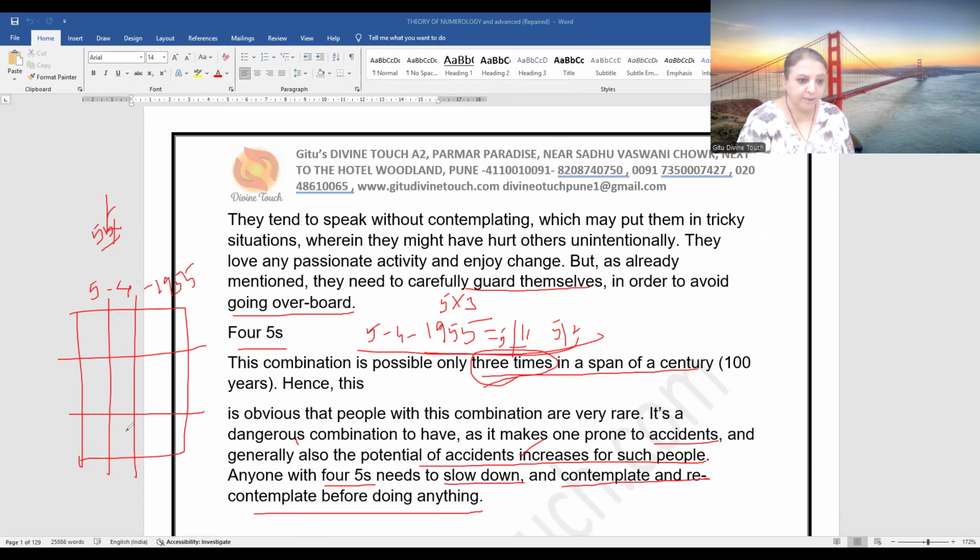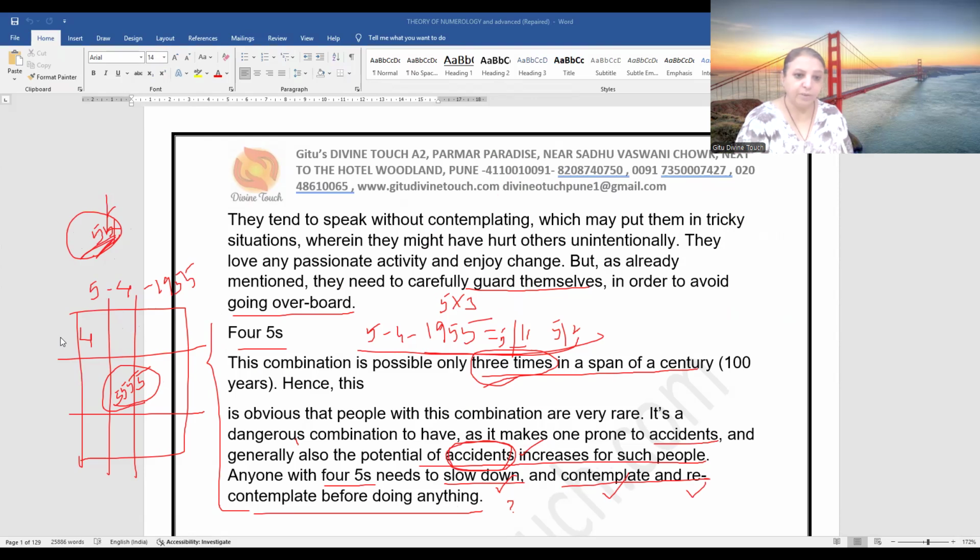Already three fives are there. We add the age of the person, say 54. So four fives are there in this particular year when the person is 54. So for that particular year, you can tell this native to be careful of accidents, to slow down, and to contemplate and recontemplate before doing anything. So we add the age and we can do the predictions here.